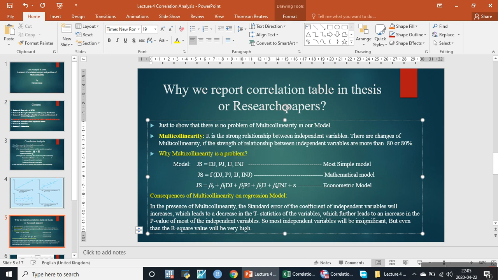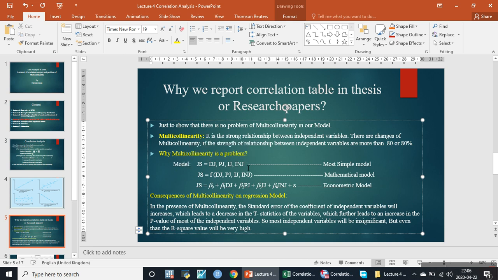So I have mentioned this model. Job satisfaction is a function of these variables. So what is actually a model? Model is nothing, but it is just a mathematical form of your topic, your research questions.